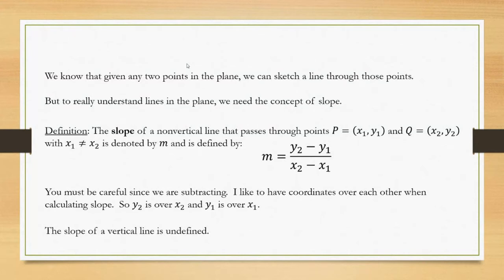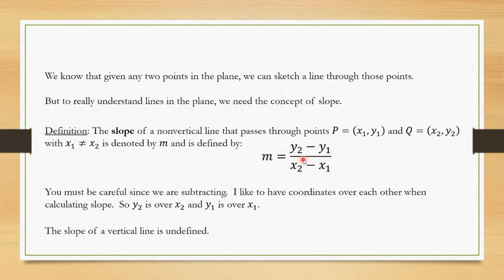Basically, if you have two different points on the line, different at the very least in their x coordinates, the slope is the change in y over the corresponding change in x.